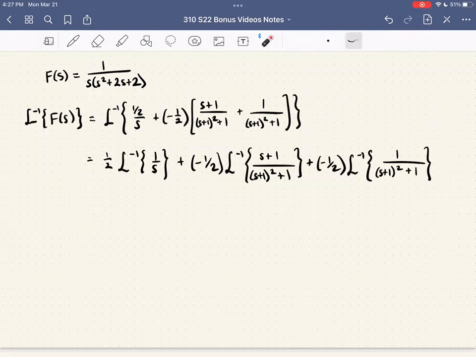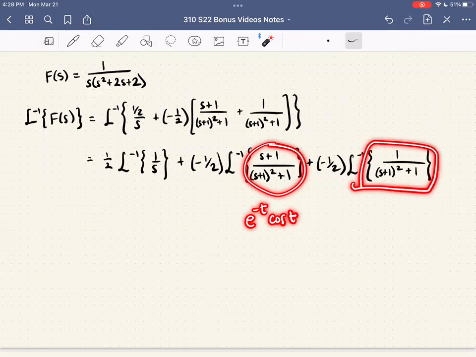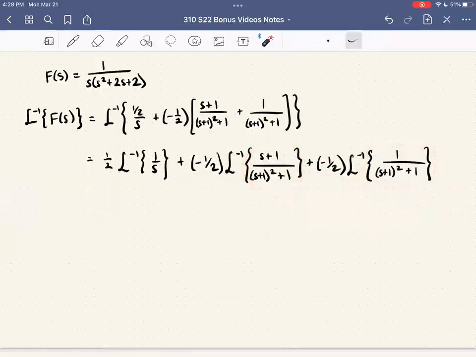Now, if you look at your Laplace transform table, you'll see that this expression will give us the inverse Laplace transform e to the negative t cosine t. And this one we found earlier, this corresponds to e to the negative t sine t. And just remember that we have these factors of negative a half. This inverse Laplace transform corresponds to the function 1.